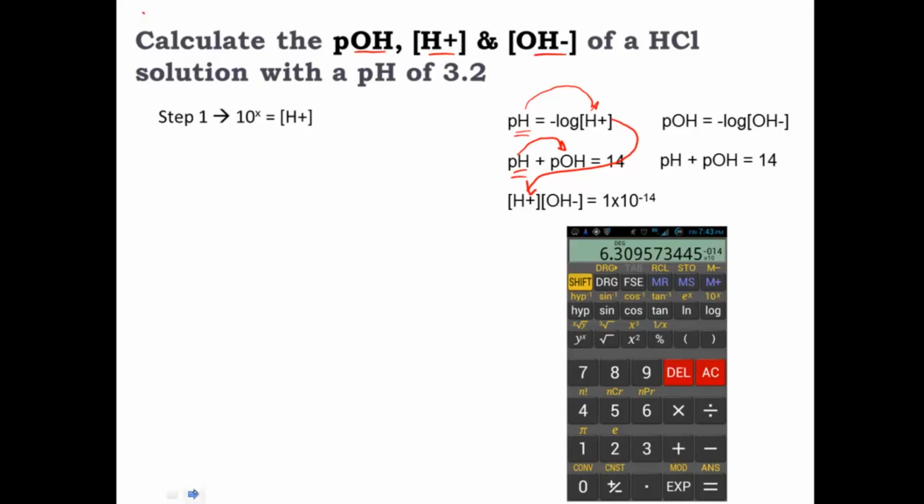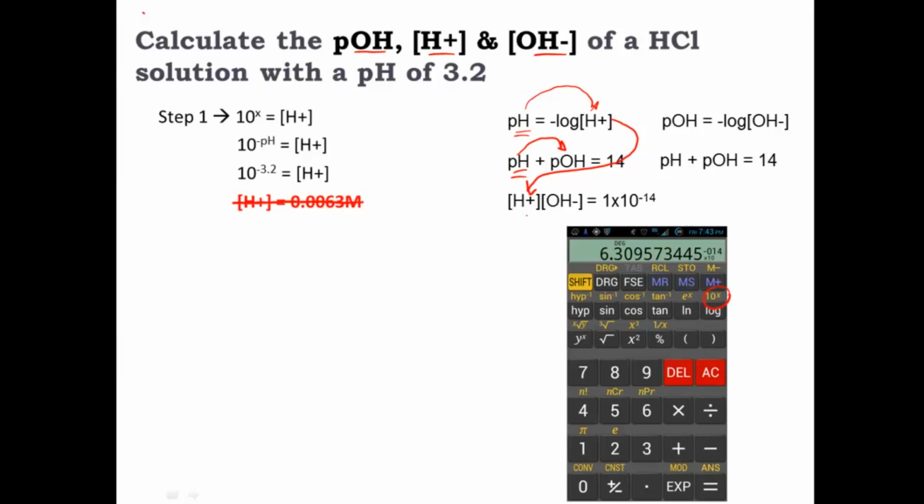First thing I did, with the pH of 3.2, I wanted to find out what the H plus ion concentration was. And so I'm going to use 10 to the x equals H plus. Once again, that's the formula that I kind of forgot to put down over there. I'm going to be using that button right there. So 10 to the negative pH instead of 10 to the x, and I'm going to use 10 to the negative 3.2.